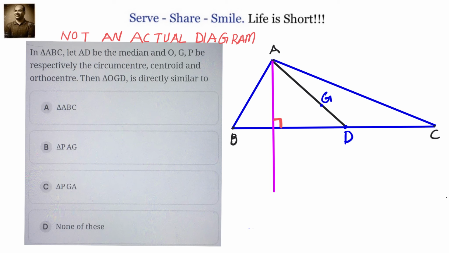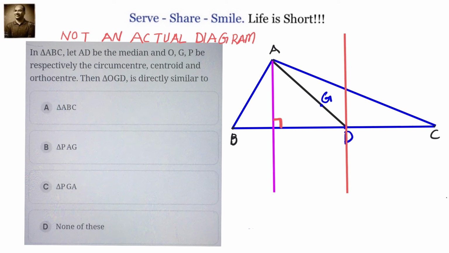Perpendicular bisector is a line which divides the given line segment into two equal parts, and also it is at 90 degrees. That means that line is also perpendicular to BC. So through D, let us try to draw the perpendicular bisector.